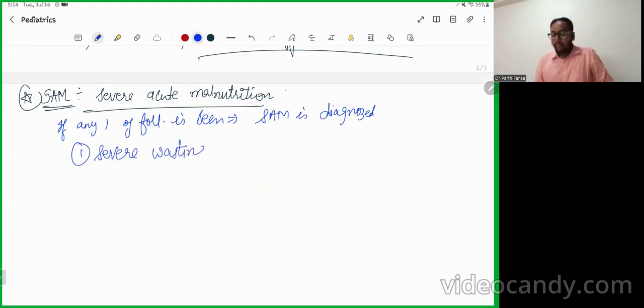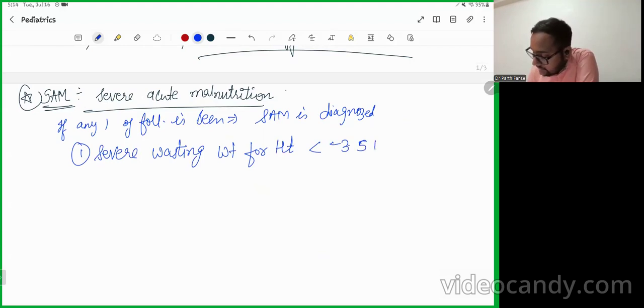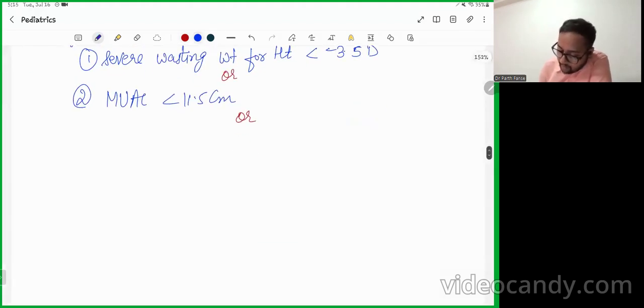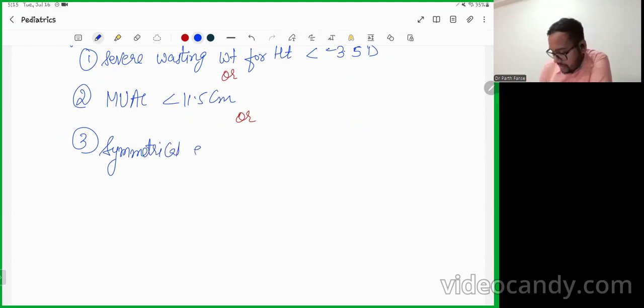Severe wasting. Now for wasting, which parameter do we use? Weight for height. So severe wasting is weight for height less than minus 3 standard deviation. And what is the second phenomenon? That is mid upper arm circumference less than 11.5 centimeter, or the third one is symmetrical edema of nutritional origin.